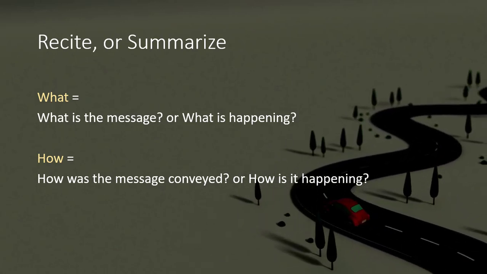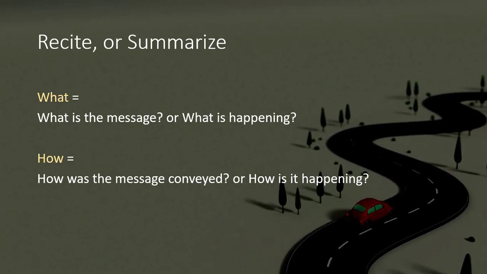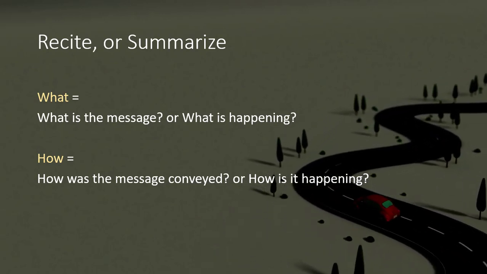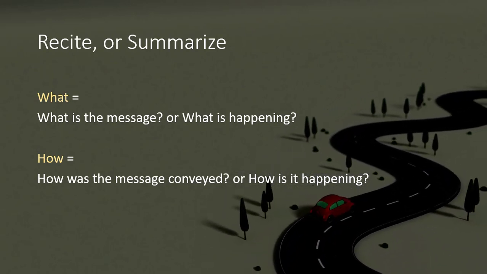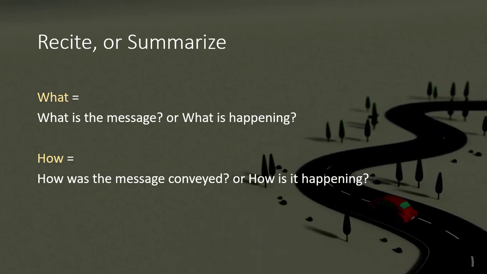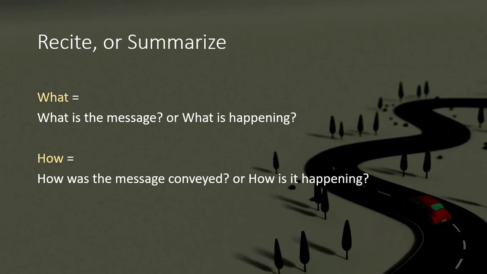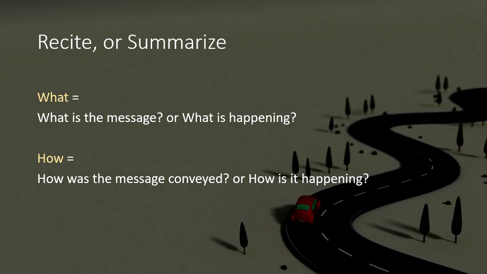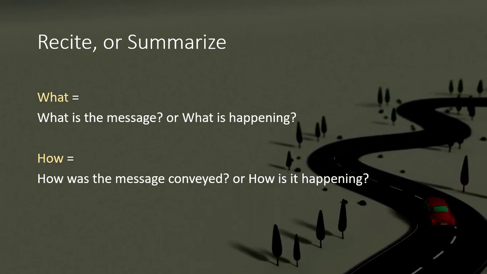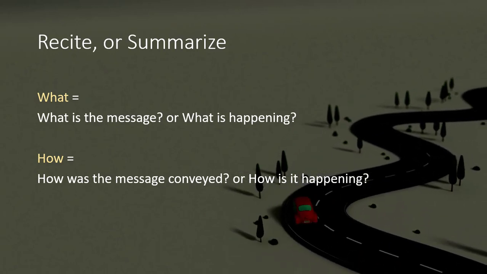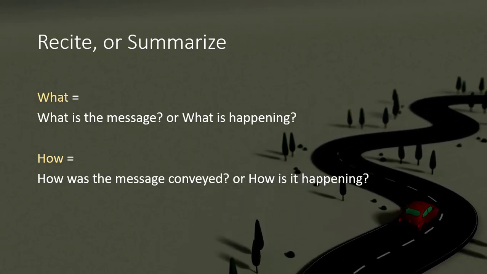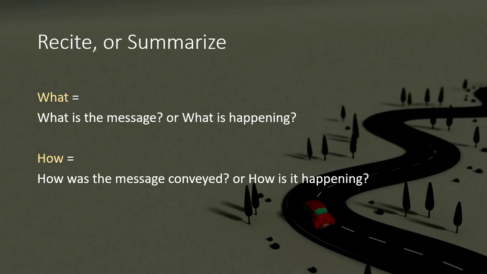Reciting is the stage where you summarize, and importantly, summary does not just talk about what a text says. It also articulates how the text conveys its ideas, attitudes, and values. For instance, someone might argue that the logical fallacies in a political commercial actually facilitate rather than hinder its messaging.